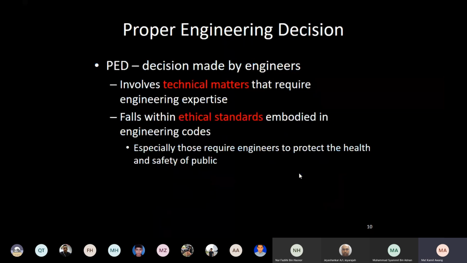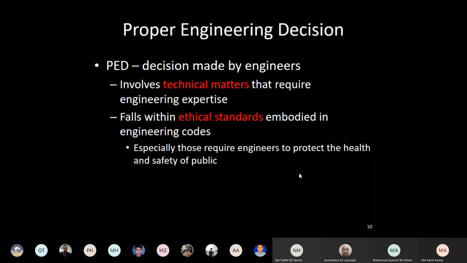What is a proper engineering decision? A proper engineering decision is the decision made by the engineers, involving technical matters that require engineering expertise. Whatever decision requires technical engineering expertise should be made by the engineers. And this falls within the ethical standards embodied in the engineering codes, especially those that require engineers to protect the health and safety of the public.